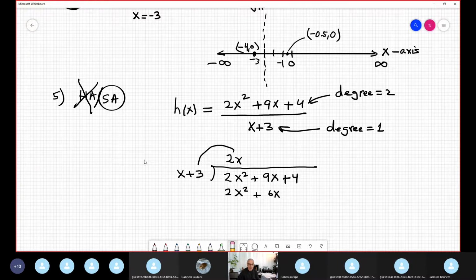Now, the division is the procedure where several times, systematically, you multiply and subtract. Therefore, I need to subtract. This is minus minus. This cancels, which is the intention, and this is 6x. And I finally bring down 4. Then it's obvious that it's plus 6, because 6 times x is 6x.